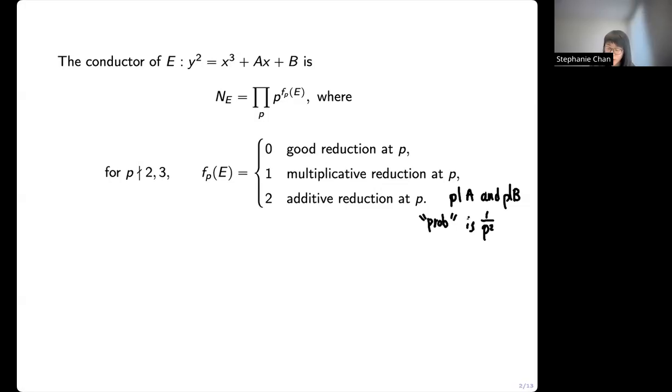So for most primes, when the prime is large, this probability is small. So if we pick a random prime of bad reduction, usually it should be a multiplicative reduction. Okay, so that's the conductor, and given the integral model of an elliptic curve, we can compute the minimal discriminant and the conductor using Tate's algorithm.